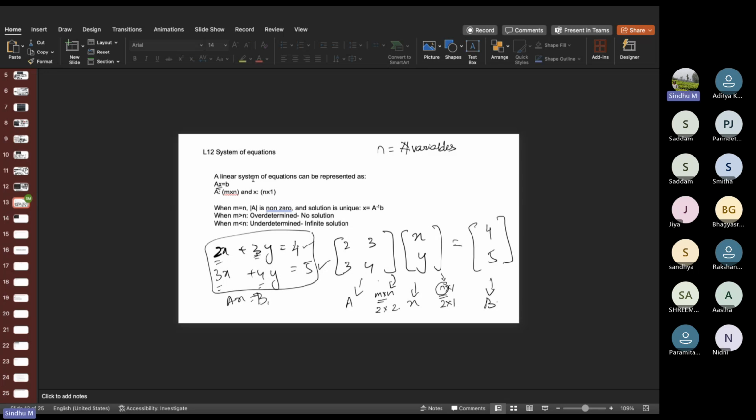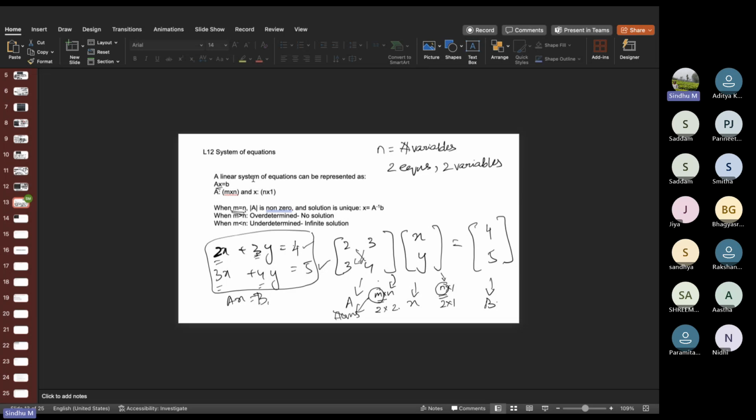So here we have two equations and two variables. If the number of variables and number of equations are the same, and if the determinant is non-zero, then we have a unique solution.